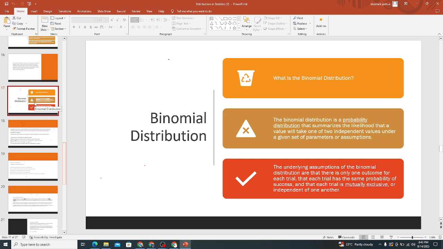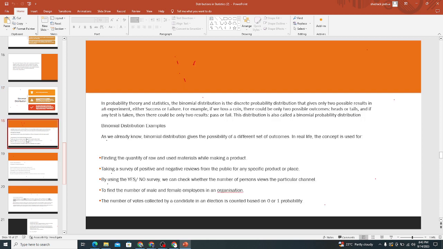They are independent of each other. Each trial's outcome is independent and does not influence the outcome of the second trial. We shall see those properties as well, and then we'll discuss some examples of binomial distribution.